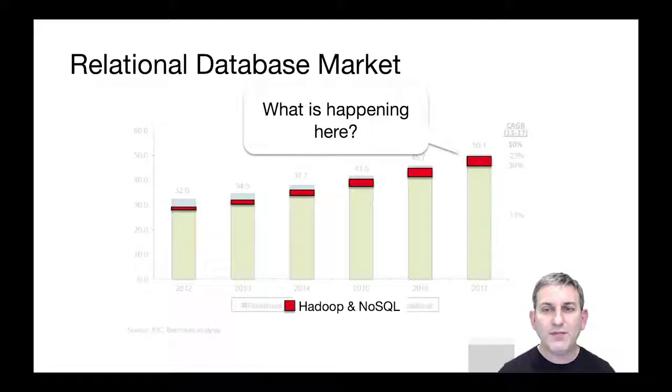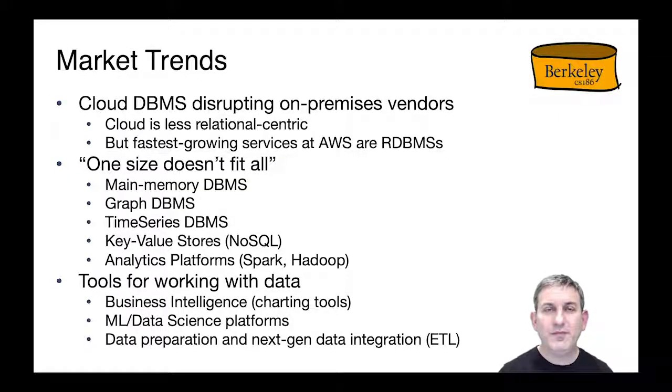And what's going on around the margins at the top are things like Hadoop and Spark systems and NoSQL systems. Okay, and we'll learn a little bit about both of those towards the end of the semester. These are more recent developments in software, but they don't really introduce any technologies that we won't learn during the course of our discussions earlier in the semester. It's sort of a different packaging and deployment of some of those core technologies that's appropriate for certain modern use cases. So we'll talk a little bit about market trends, what's going on in the database industry today.